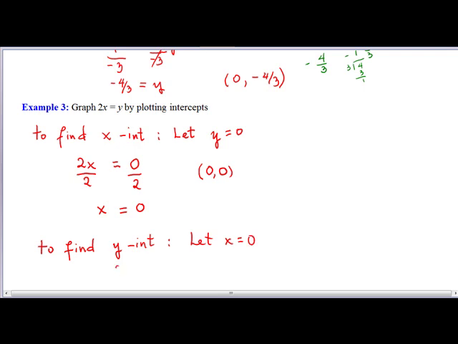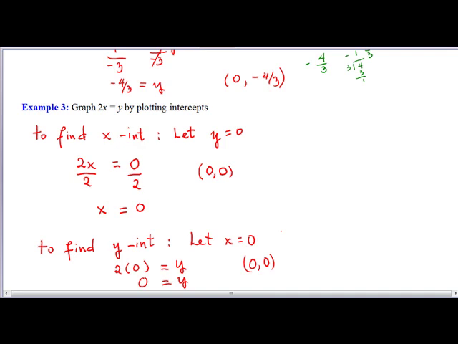So you have 2 times 0 equal to y. But 2 times 0 is 0, so y equals 0. So the y-intercept is 0 and 0. So now 0 and 0 is actually the point at the origin. So the origin is both the x and y intercept. So we actually only have one point.